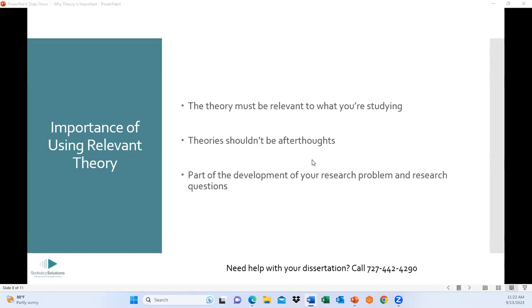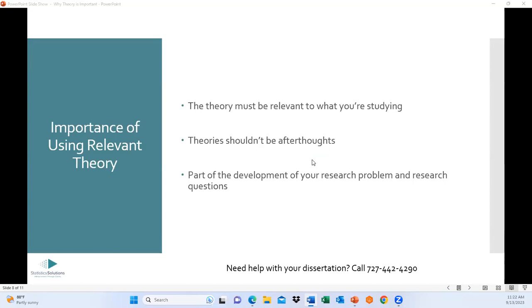So the selection of theory should coincide with your investigation from the beginning, right? That doesn't mean you have to pick it at the very beginning, but you should think about theory as you start to think about your study and the research problem and the research questions, and your sample, your participants, all those fundamental components of your study.